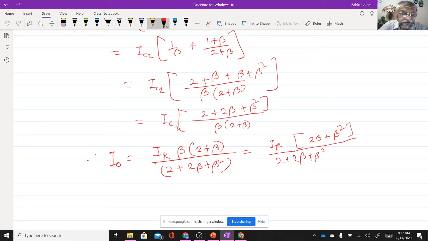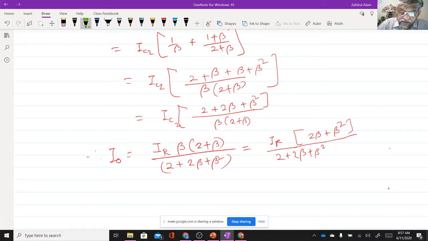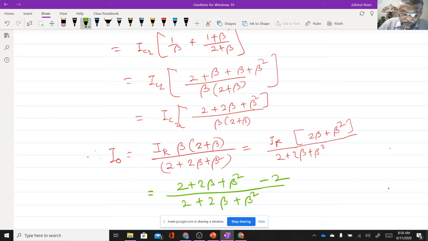Then if we write in terms of I naught, we can write (2 plus 2 beta plus beta square) minus (2 plus 2 beta plus beta square) into IR.